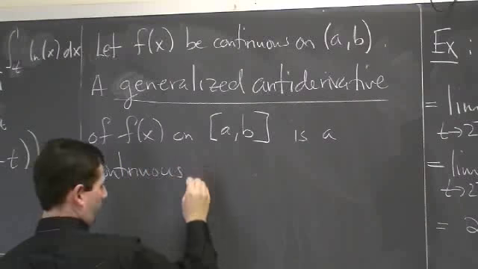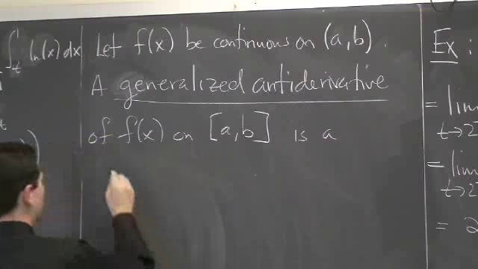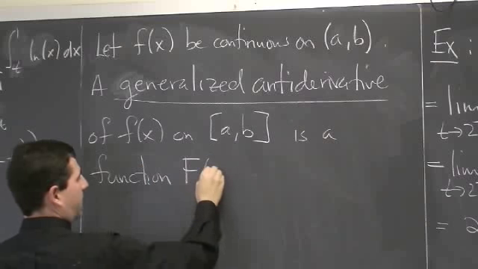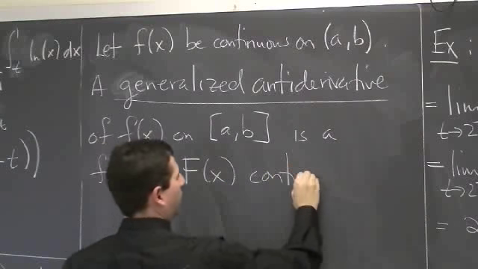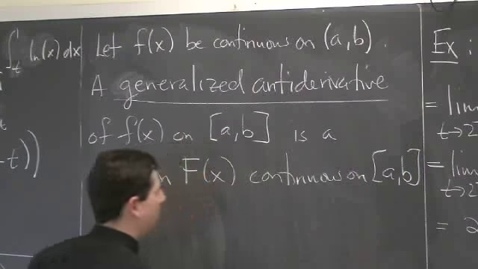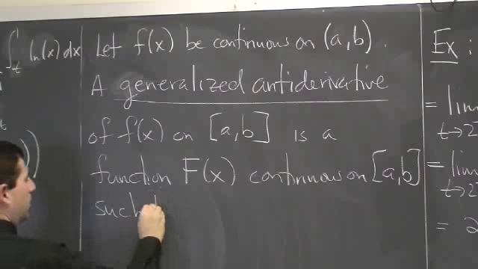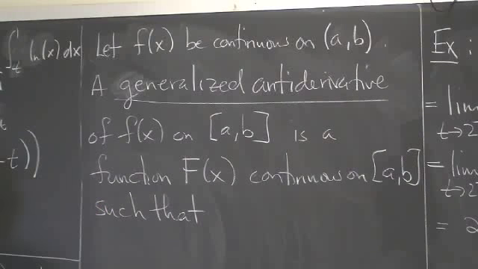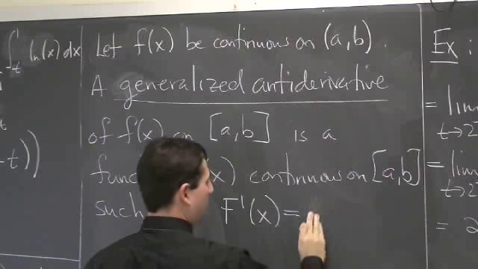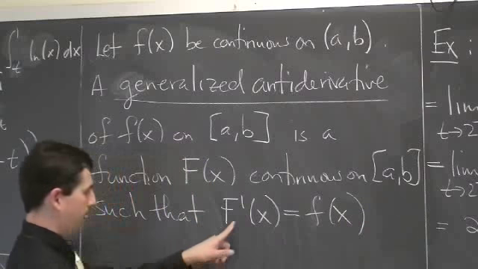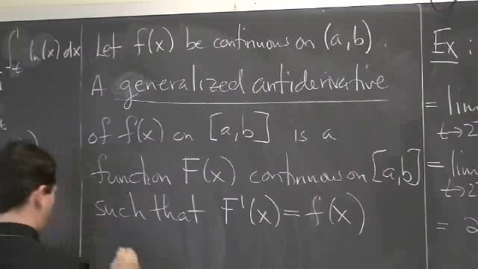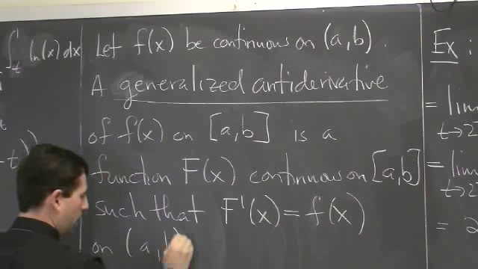is a function capital F of x continuous on the closed interval [a, b] such that, well, if it's an antiderivative, the derivative of F should equal little f on the open interval.